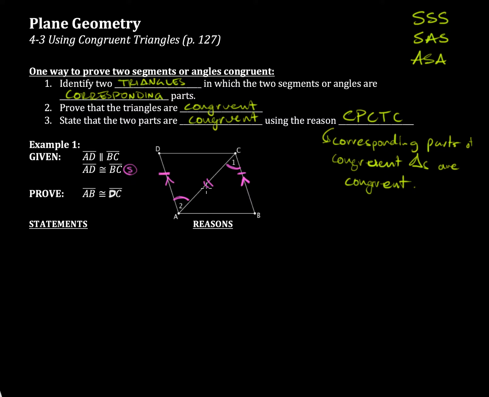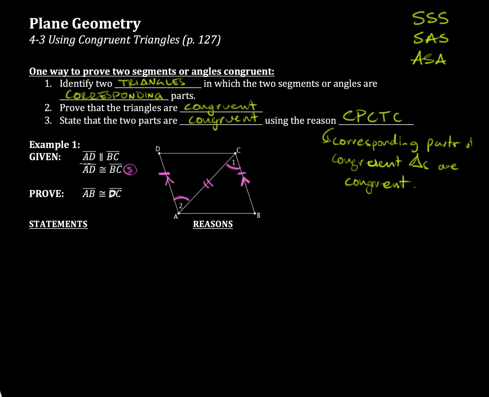We have two pairs of sides on one triangle congruent to two pairs of sides on the other triangle, and the included angle is congruent to the other included angle. So we could say that these two triangles are congruent by SAS, which would mean that all the other parts are congruent, because once we know triangles are congruent, the corresponding parts are all congruent.